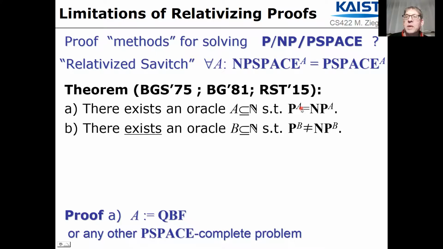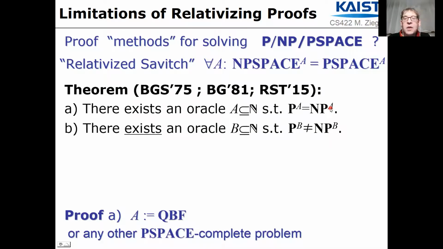If it's PSPACE-complete, we can reduce it in polynomial time to the problem under consideration. And of course, it also cannot contain more than PSPACE. So when the oracle is PSPACE, here we have PSPACE, and here we also have PSPACE, because remember, NP is contained in PSPACE. NP with oracle PSPACE is contained in PSPACE with PSPACE, which is PSPACE, as we discussed before.